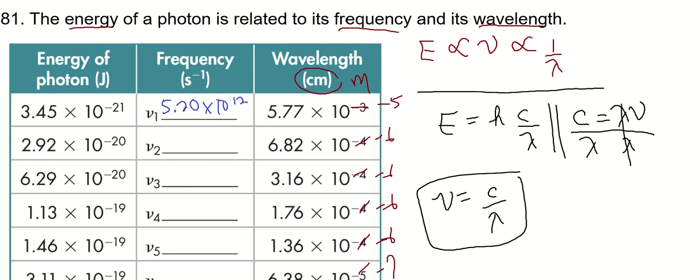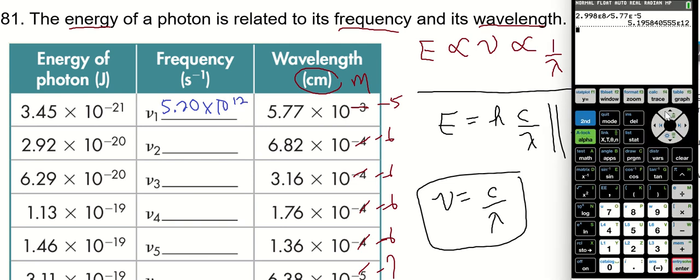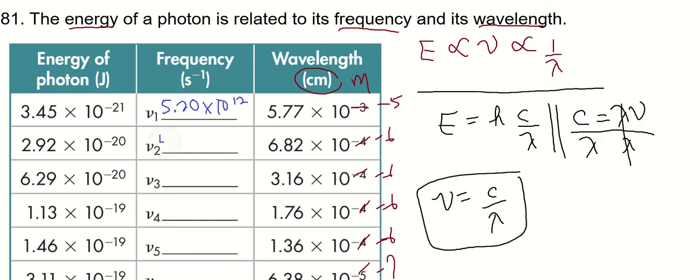All right, next number. I'm just going to copy that equation and just change the wavelength. So the second wavelength given is 6.82 times 10 to the -6 meters. So that's going to be, in 3 sig figs, 4.40 times 10 to the 13.